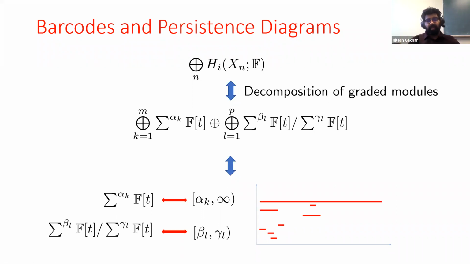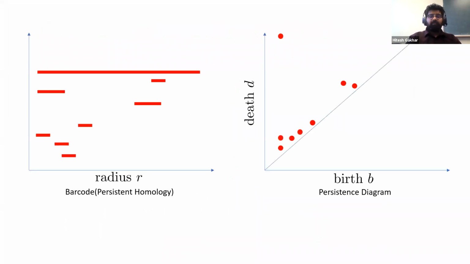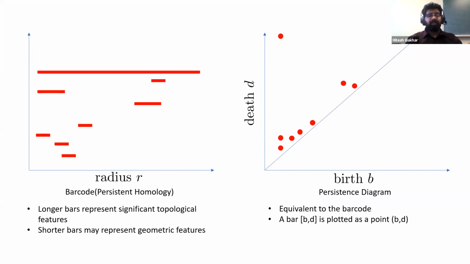You get these graded complexes, and each of them gives you a bar because each corresponds to some homological feature that survived at some point, in dimension n. In general, for each of those things, you're going to get a barcode, and longer bars typically represent topological features. That is what we are usually interested in.